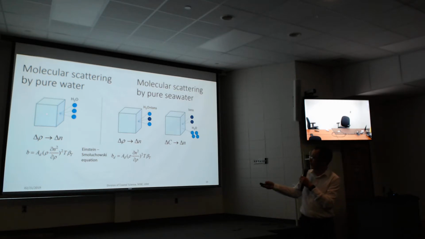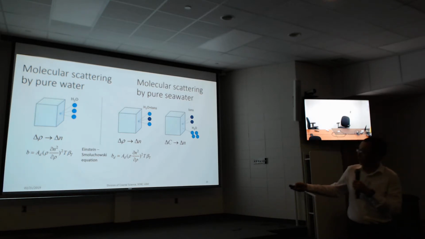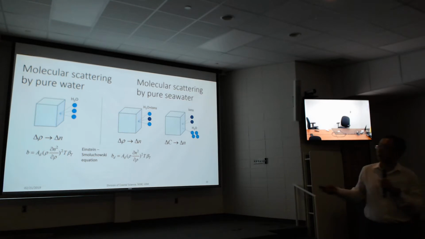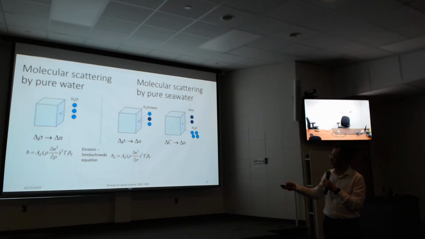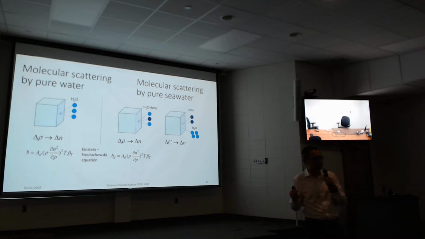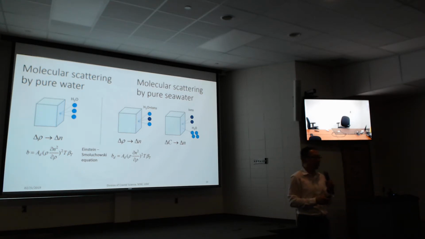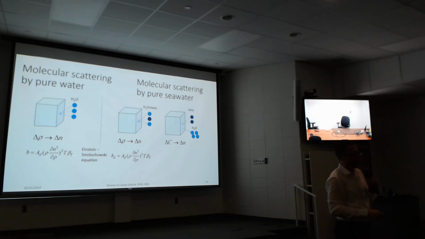Because the volume doesn't change and suddenly 3 molecules come in, there is a small-scale local change of density, delta rho. A local change of density means a refractive index change, and a refractive index change scatters light. This is the fundamental theory of why pure water or any pure liquid scatters light.